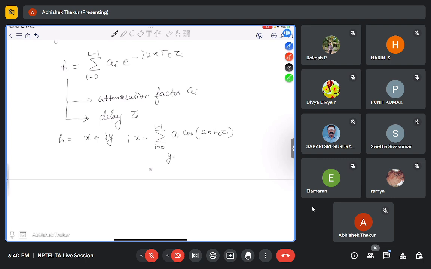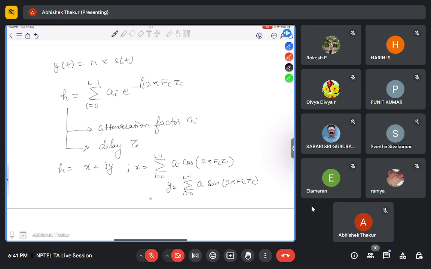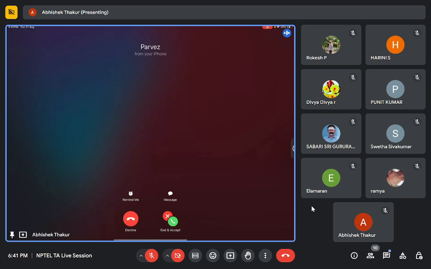And y will be our sine term, so that will be the summation from 0 to L minus 1 of a_i sine of 2 pi fc tau_i. Because here this j is there, when you break this complex term into real and imaginary parts, this is our real part and this is our imaginary part.